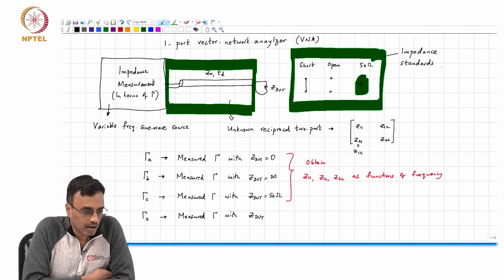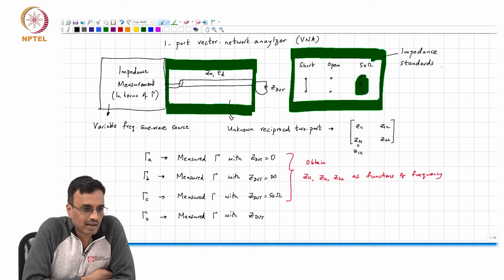Just like if you want to have an electronics lab, you must have a multimeter and an oscilloscope, if you want to do RF and microwave work, you always want to have a VNA. It is as ubiquitous and necessary as a multimeter or an oscilloscope is for low frequency work.